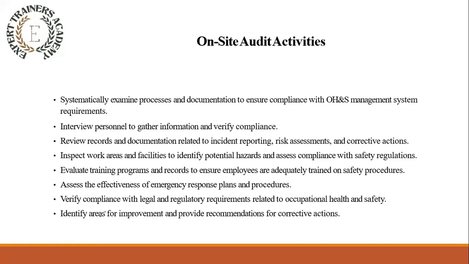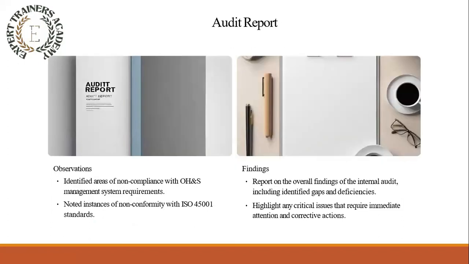This one should be in the post-audit, following the audit after gathering evidence. You're going to identify the areas of improvement when you do the audit, but you're going to present that in the closing meeting. So identified areas of non-compliance with Occupational Health and Safety Management System requirements, noted instances of non-conformity with ISO 45001 standards.